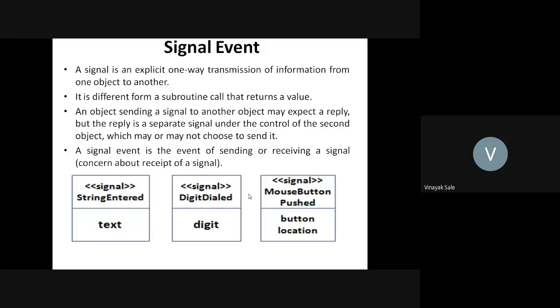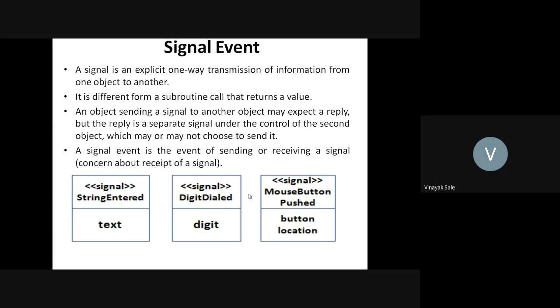Here in this figure, the left side signal shows a string entered, that is text. Sometimes on road traffic, the signal gives a stop signal in red color, or digits, not turn towards left, not turn towards right.